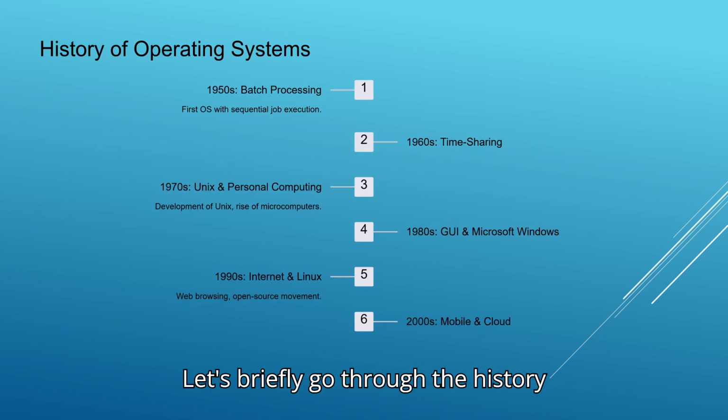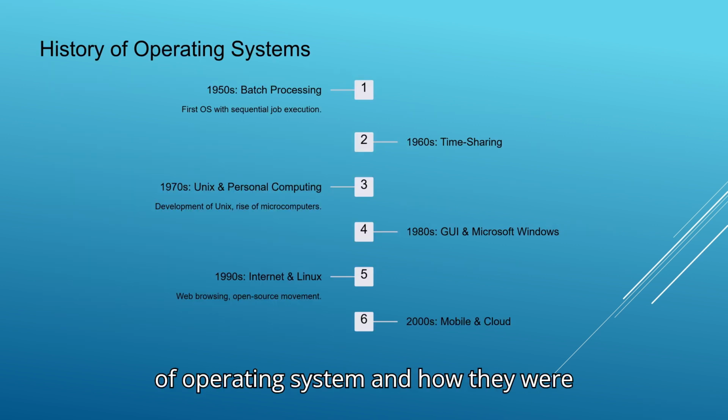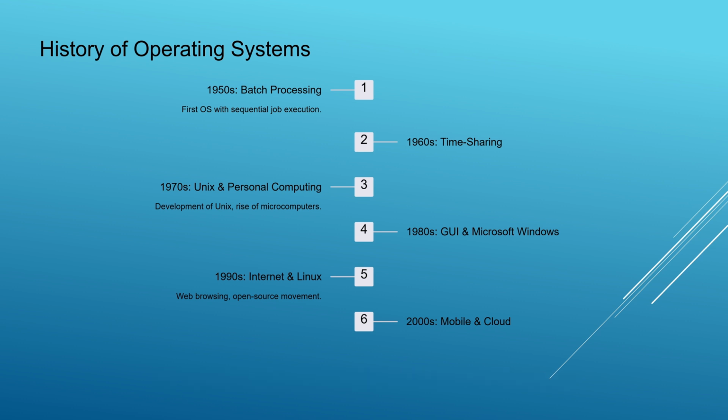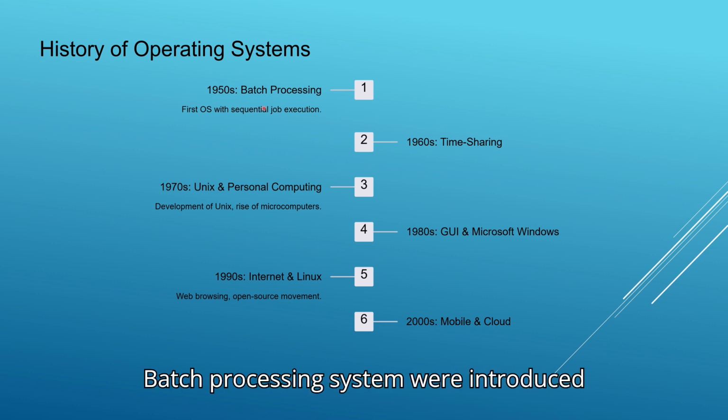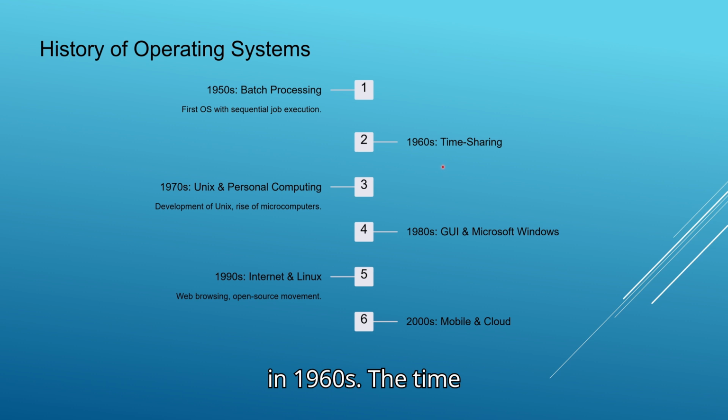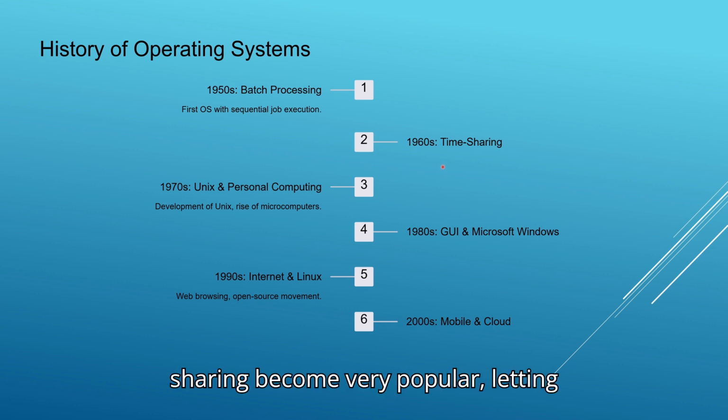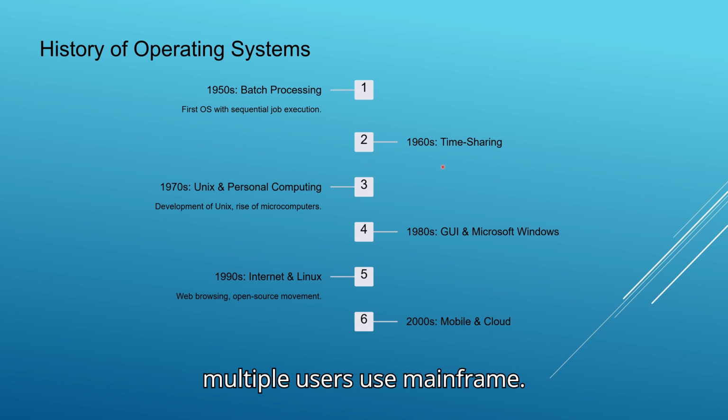Let's briefly go through the history of operating systems and how they evolved. In the 1950s, batch processing systems were introduced. In the 1960s, time sharing became very popular, letting multiple users use a mainframe. The 1970s brought Unix and the personal computer revolution.